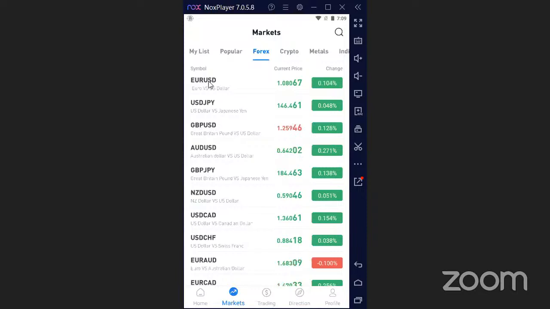Remember I said we have 8 major currencies. We have the US, the euro, the GBP, the JPY, CAD, which is the Canadian dollar, NZD, which is the New Zealand dollar, CHF, that is the Swiss franc, then we have the AUD.